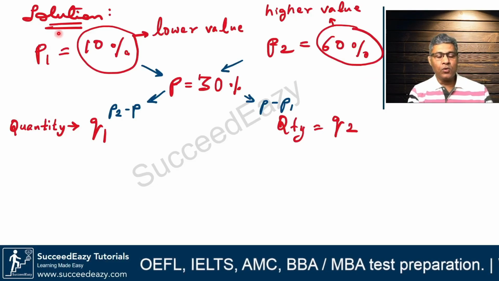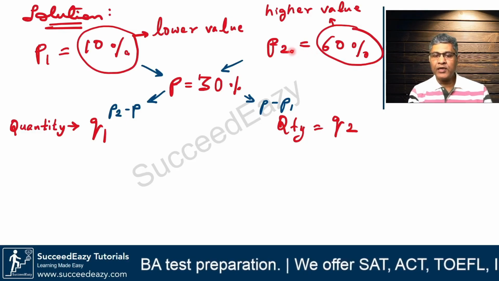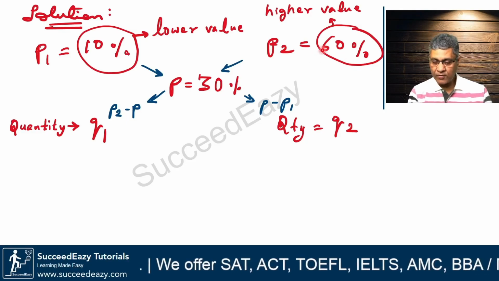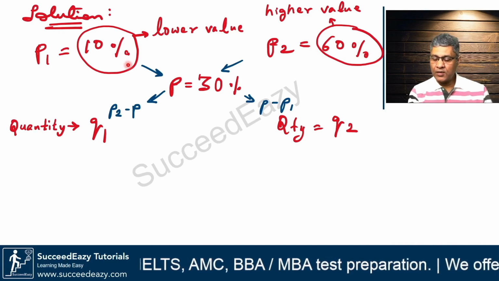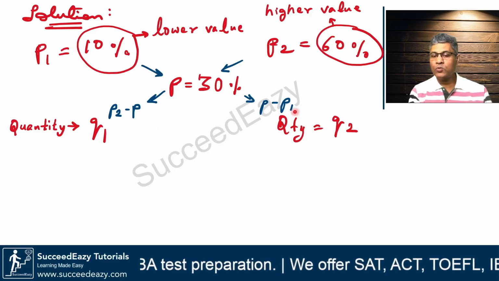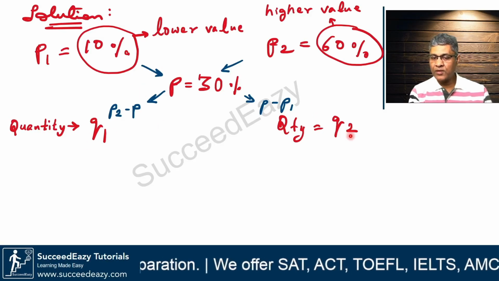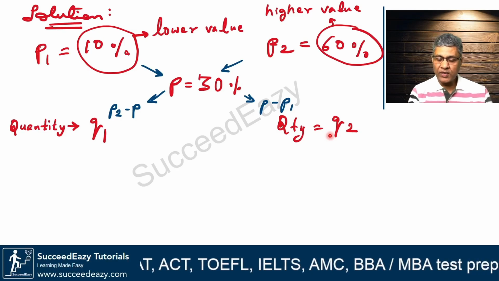Okay, so P1 is given as 10%, P2 is given as 60%. Deliberately, I have taken P2 as the higher value for the reasons that I shared with you before. So P2 is 60%, P1 is 10%. The average concentration is given as 30%. The quantities Q1 and Q2 need to be found. The ratio, not the absolute quantities, only the ratio is to be found. So we can still do that.